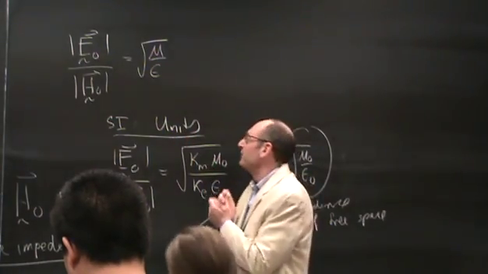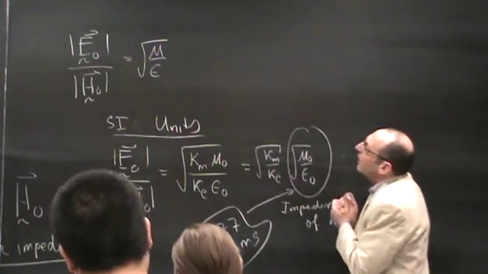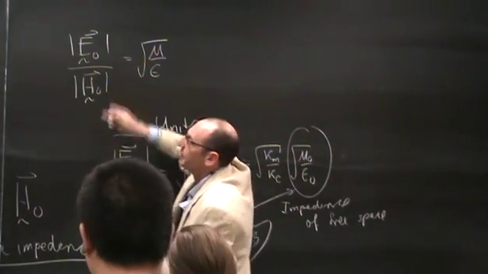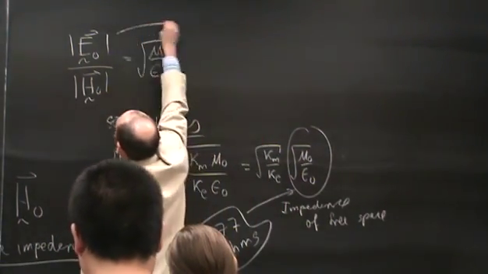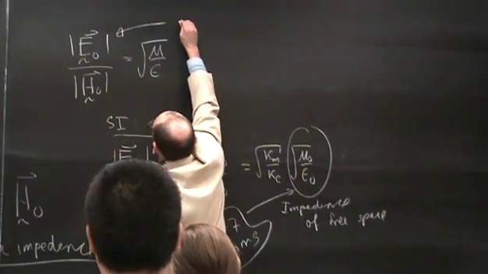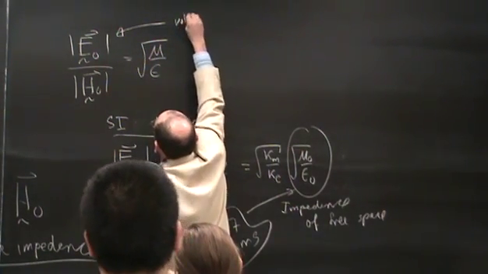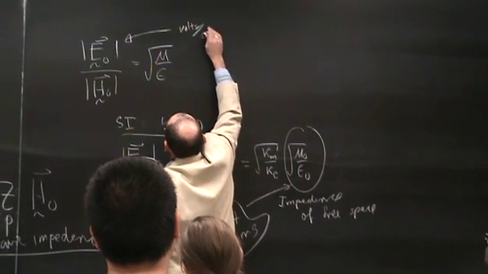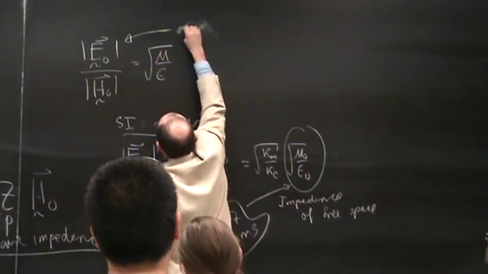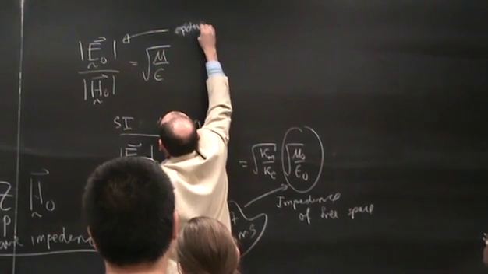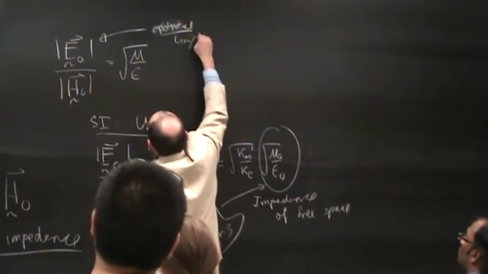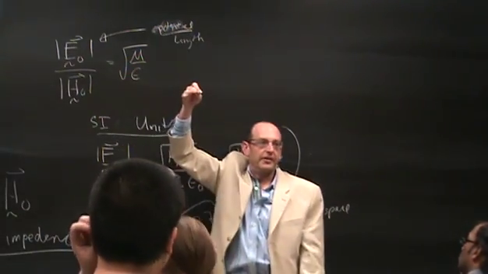Okay, but one way to understand this relationship, the ratio of the amplitudes, is that the electric field is something like volts per distance, or I'll call it potential per unit length, right? That's the units of electric field.